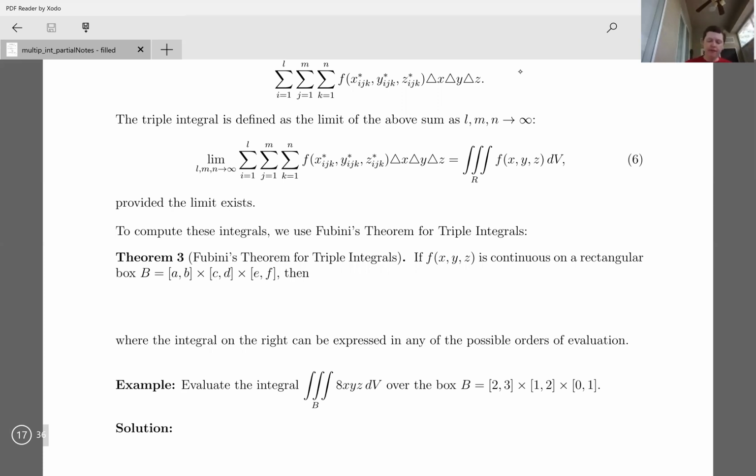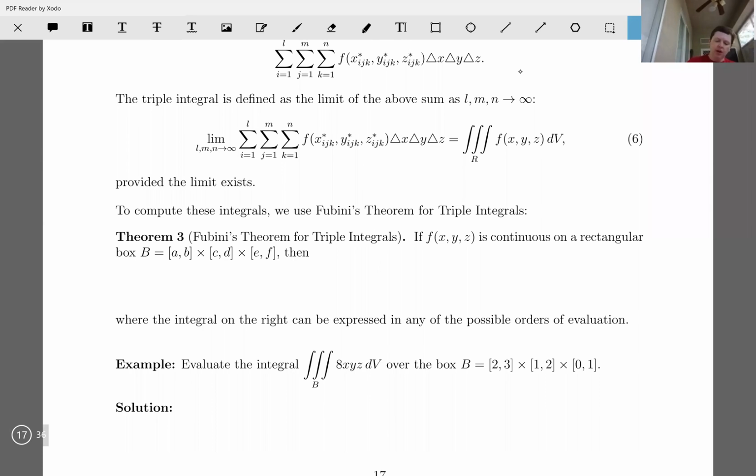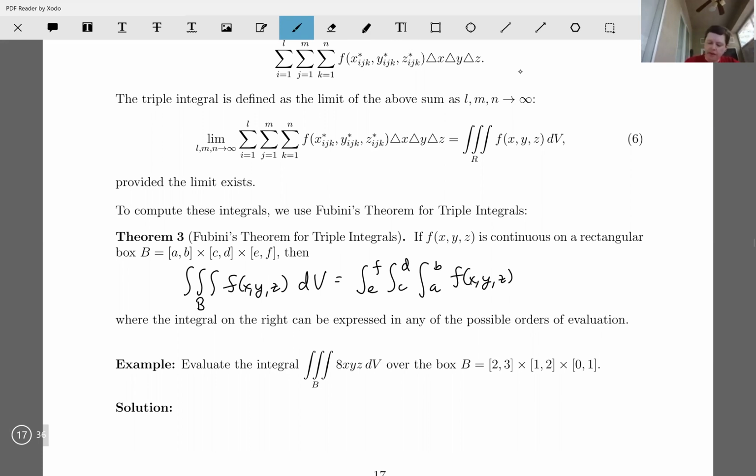So if f of x, y, z is a continuous function on a rectangular box B, denoted as the interval [a, b] by the interval [c, d] by the interval [e, f], then our triple integral over our region here, where our region is the box, of f of x, y, z dV, is going to be the integral from e to f, the integral from c to d, the integral from a to b of f of x, y, z dx dy dz.